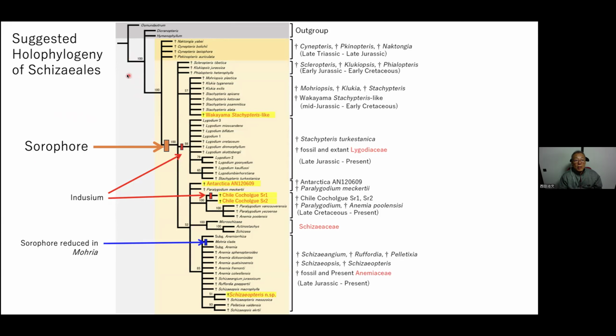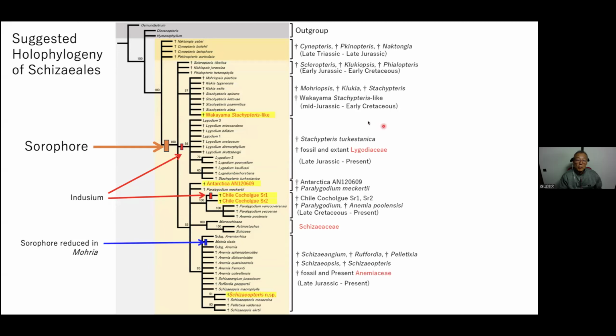The Carboniferous materials are not compared in this analysis because they are quite different from the other Schizaeales. So the analysis, as I see, well resolved the relationship of the living and fossil specimens.